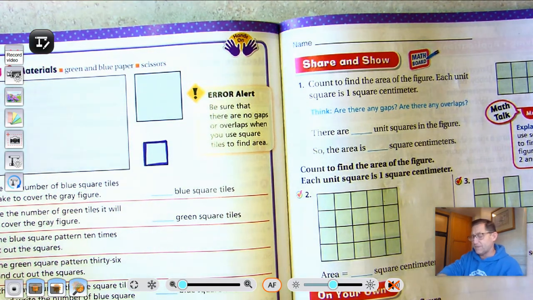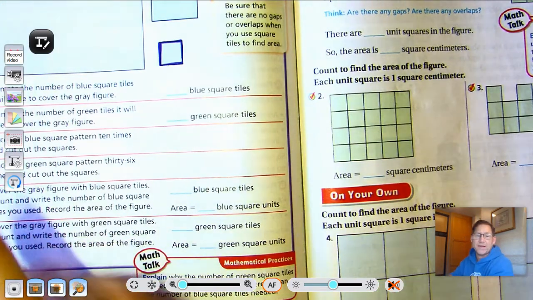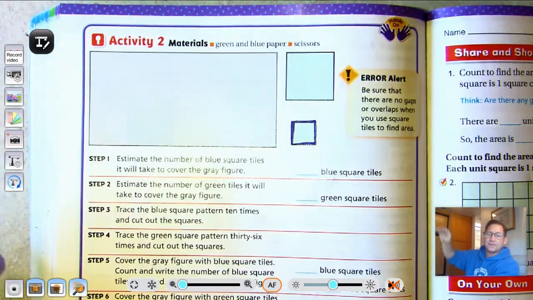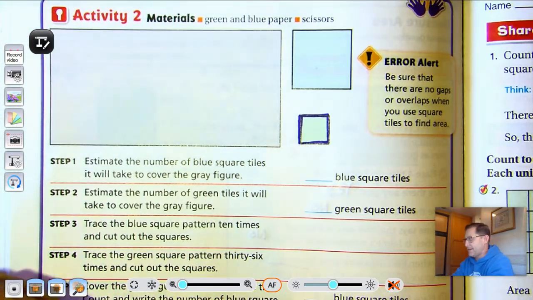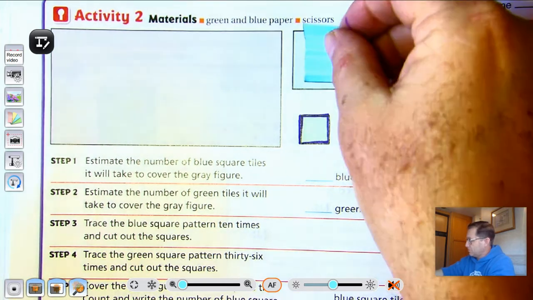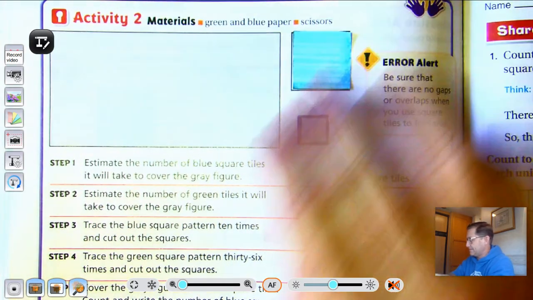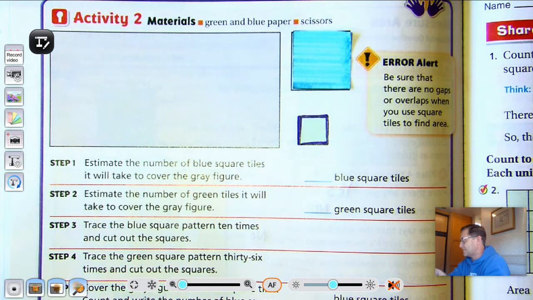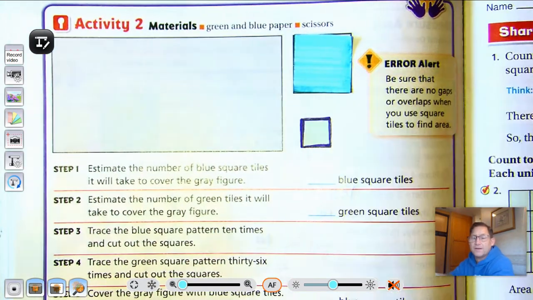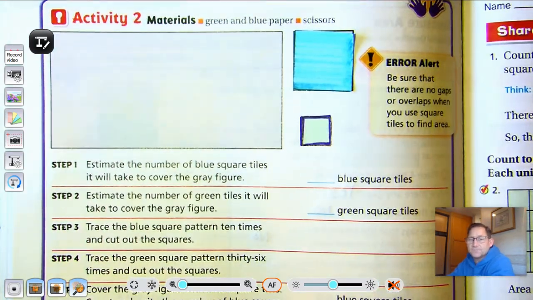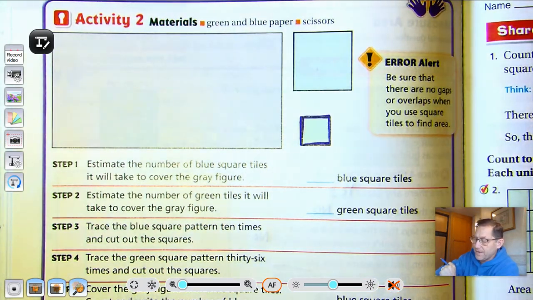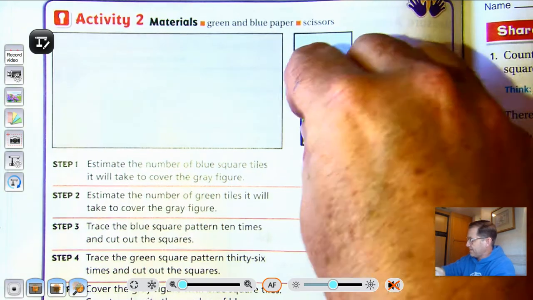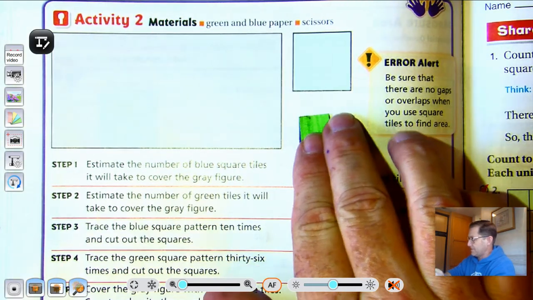they want us to use blue and green tiles, paper for this activity. Okay. And so I've taken the time to prepare these ahead of time for myself. And so I've made, they asked me to make 10 of these. So I traced and made 10 of those. Okay. And then they also wanted me to make half-inch squares by tracing.